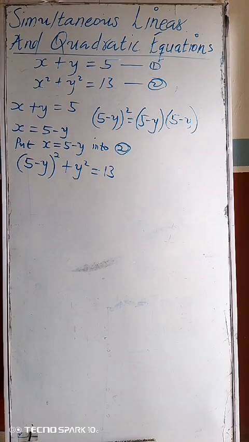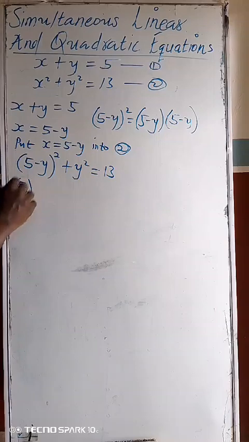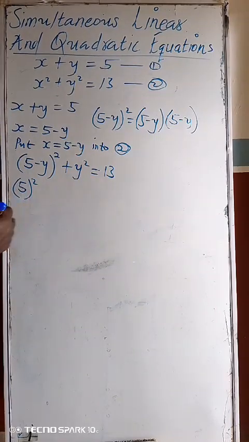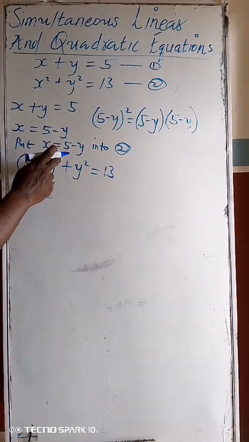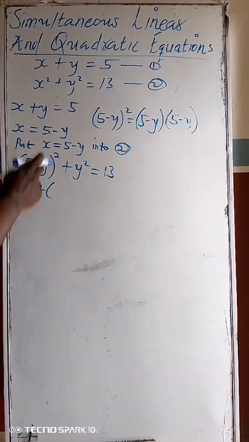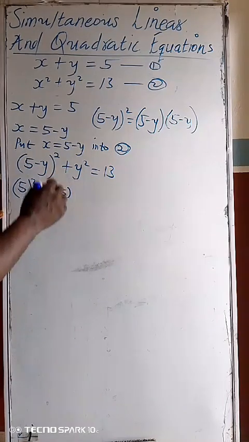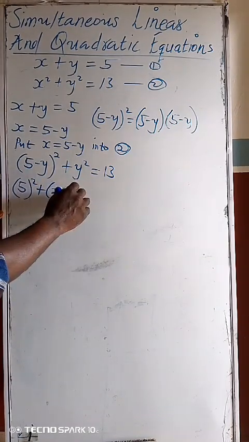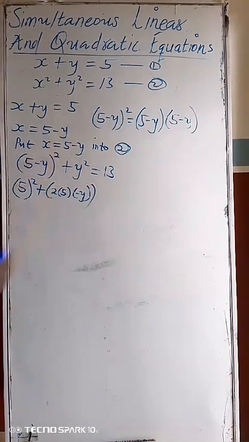Now let's move to another way that we can solve, where we will use the power 2 to square the 5. So it's going to be 5 in bracket all squared. Now the next one, plus: I multiply this power 2 by the 5 and then by the negative y, so my power 2 multiplying the 5 and then again multiplying the negative y as one term.